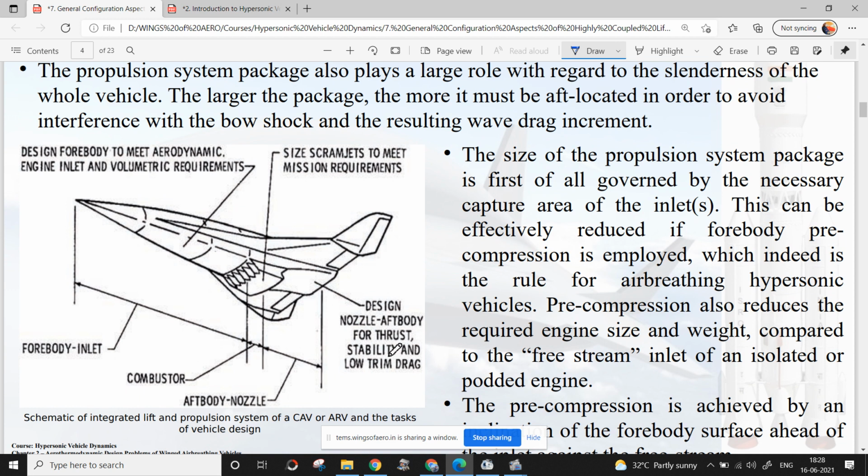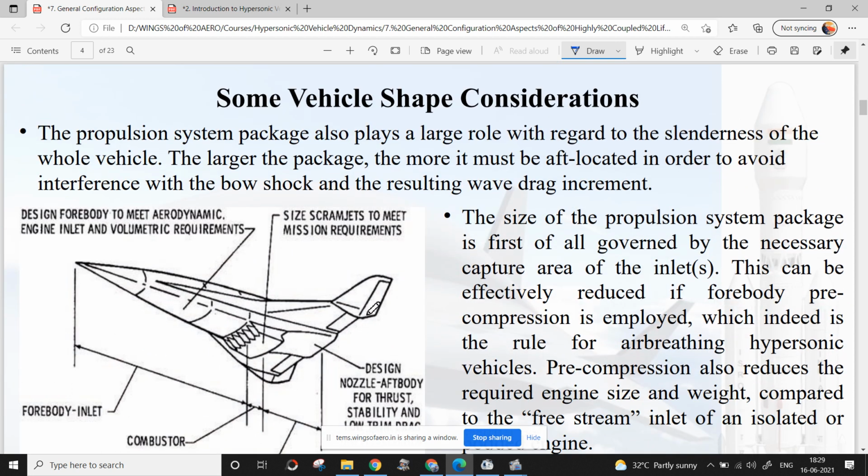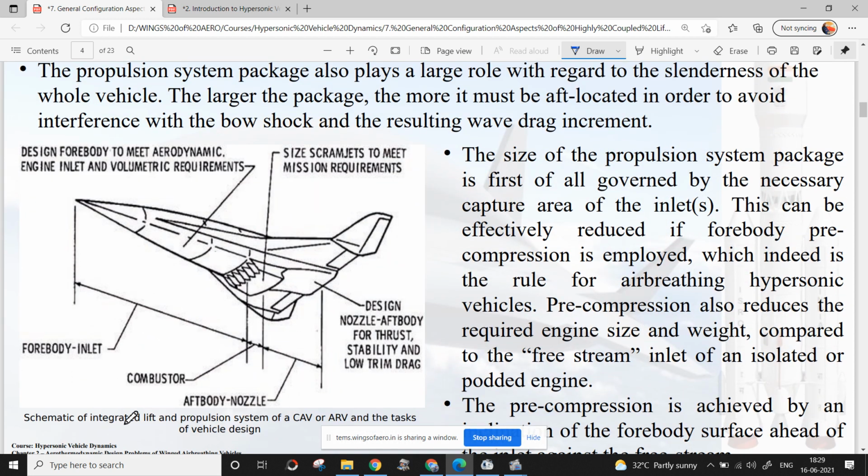Another important factor we are going to learn is the integration of lift and propulsion system. Lift means nothing but aerodynamics. So how are we going to integrate the aerodynamics and propulsion system of the CAV?